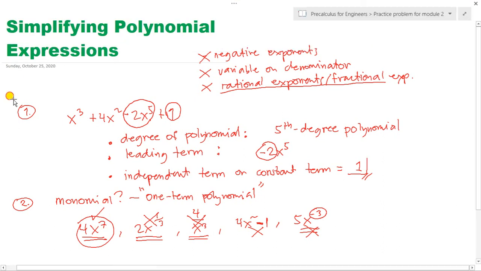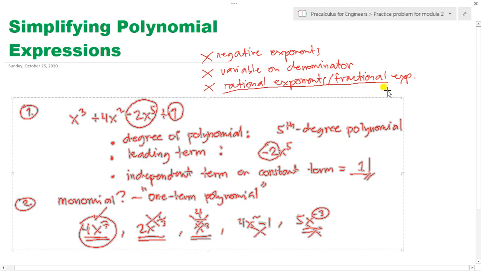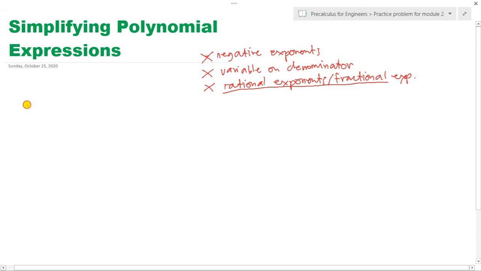So let's try another example. Let's go to simplifying polynomial expressions, because the previous examples were just the parts and the terminologies that can be used in a polynomial expression. So let's try, class, to subtract polynomial expressions.